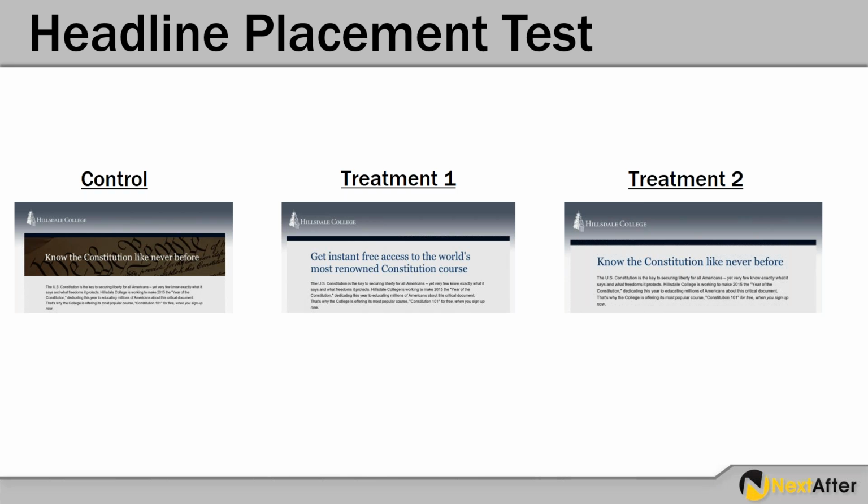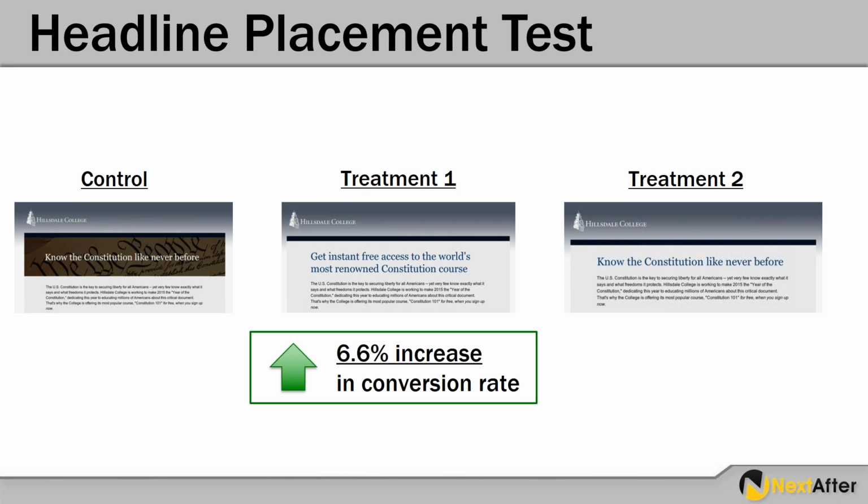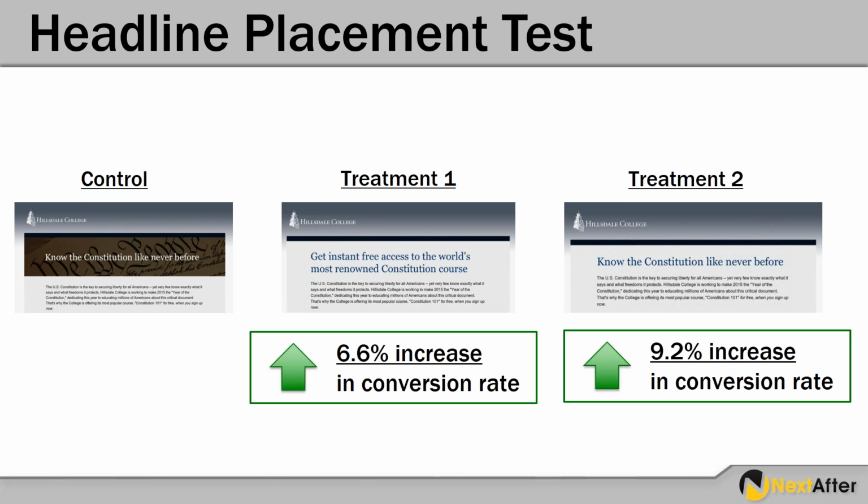And in our ABC test, treatment 1 produced a 6.6% increase in conversion rate to subscribers to the online course. In treatment 2, we saw a 9.2% increase in conversion rate. So these aren't as big of gains as what we saw in some of the previous experiments.